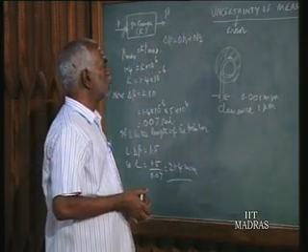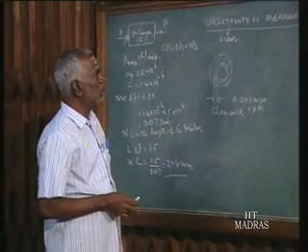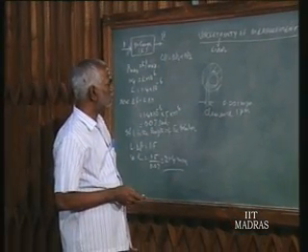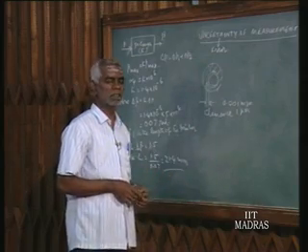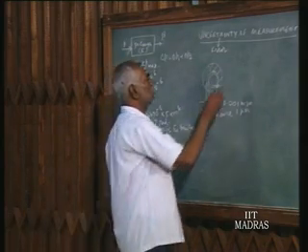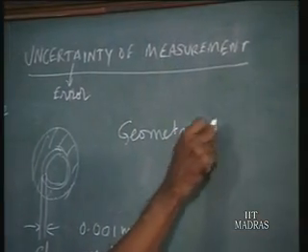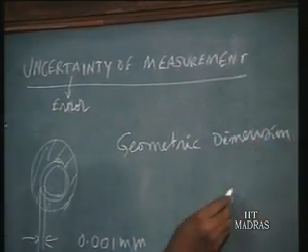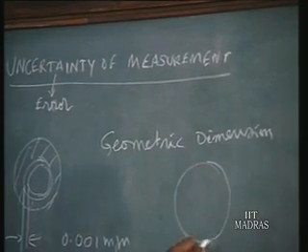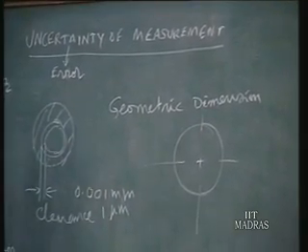Then the next one: there is one more parameter affecting the measurements, that is geometric dimensions. When we say a rod is circular, how good is it?